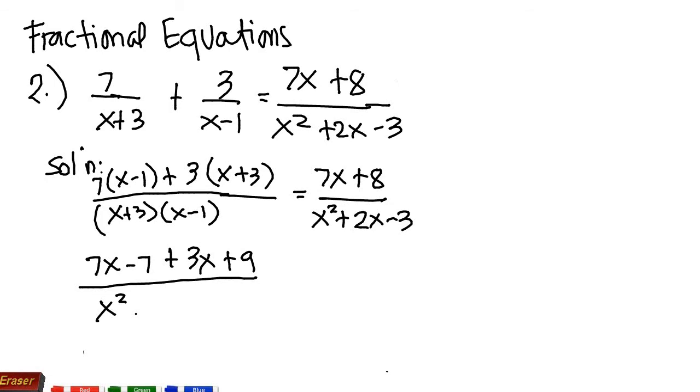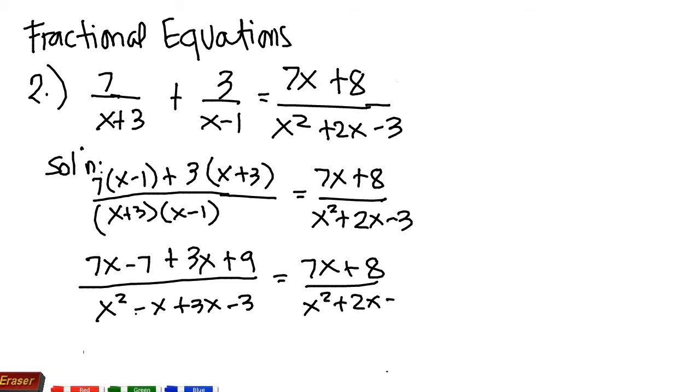X squared, and then you have minus x plus 3x, minus 3, and that is 7x plus 8 all over x squared plus 2x minus 3. Then simplify.